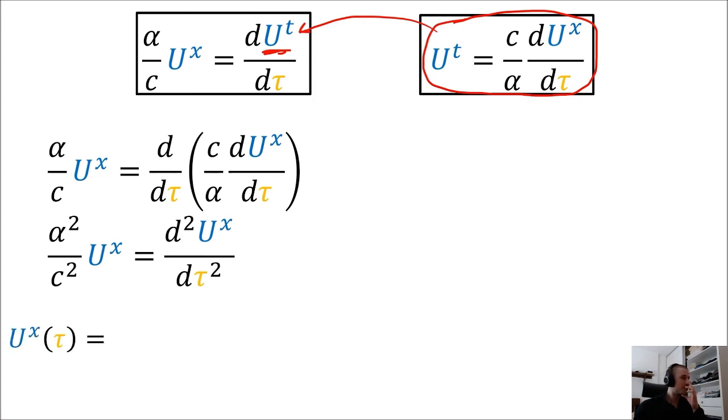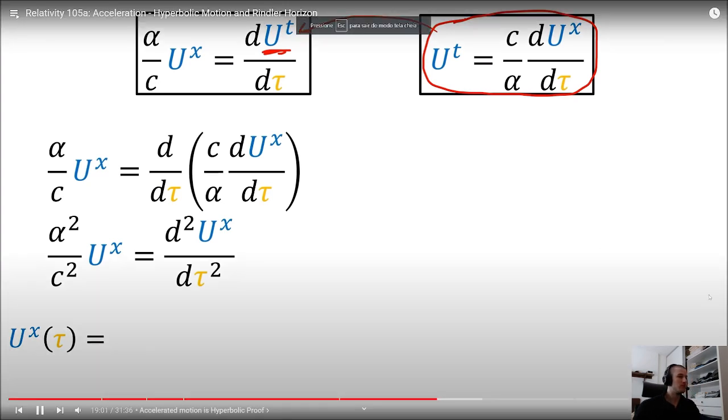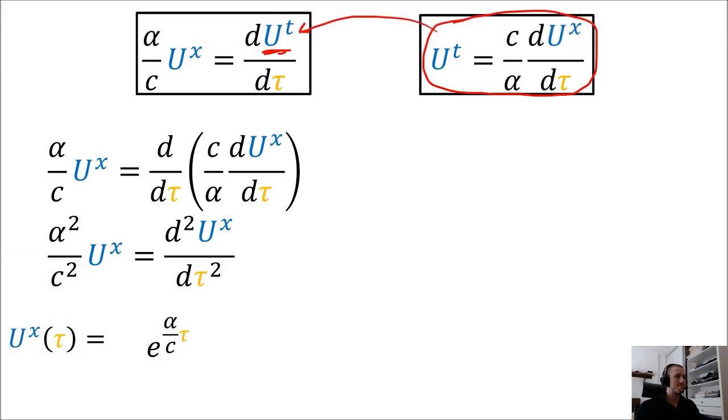If you know about differential equations, you might know that there are exactly 2 kinds of solutions to the problem of a function being proportional to its second derivative. The solutions are e to the alpha over c times tau, or e to the negative alpha over c times tau. You can plug either of these solutions into ux in this differential equation to confirm that they work.